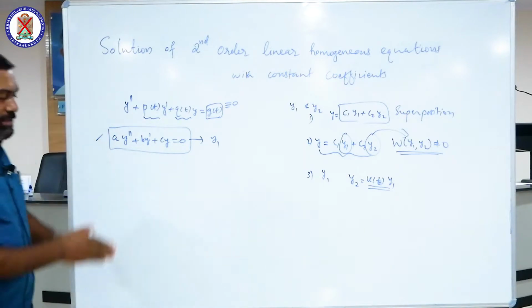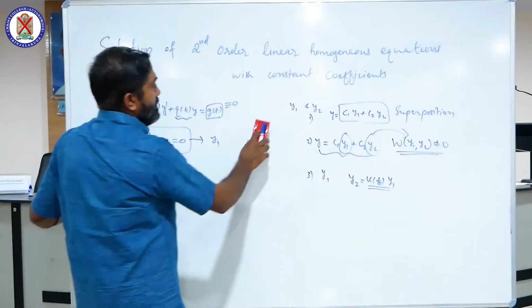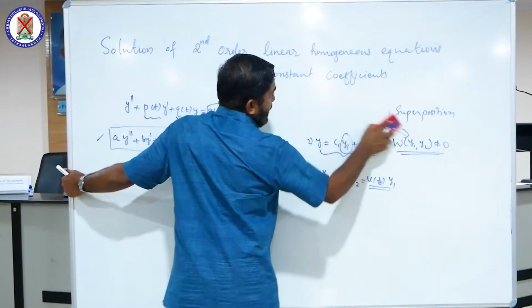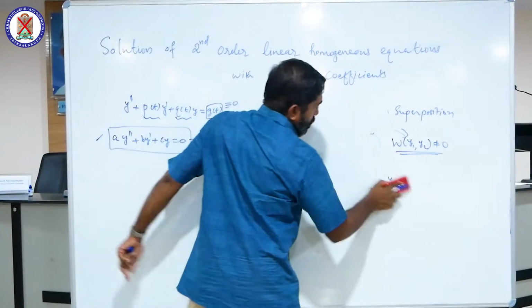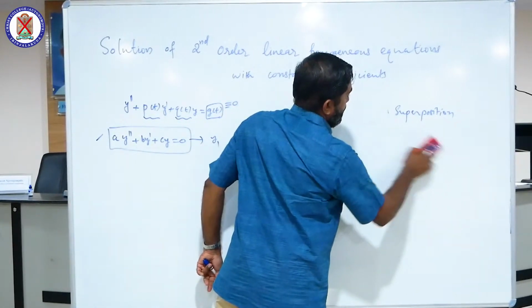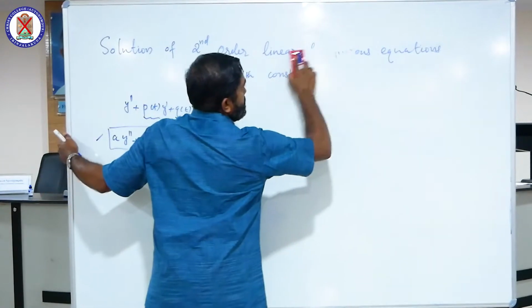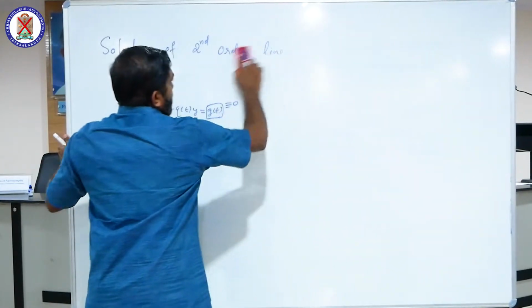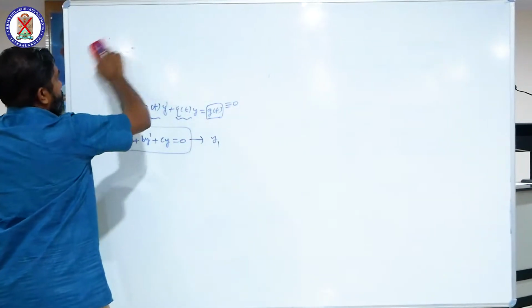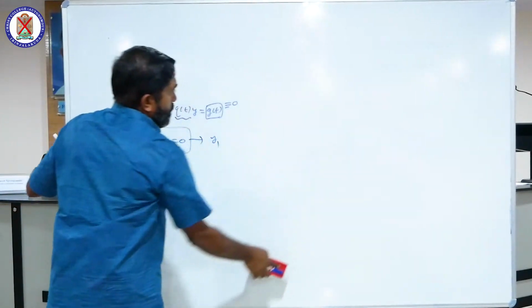Okay, so with this, I am going to consider the general solution of a second order linear homogeneous differential equation with constant coefficients. For that, we have the derivative of an exponential function.